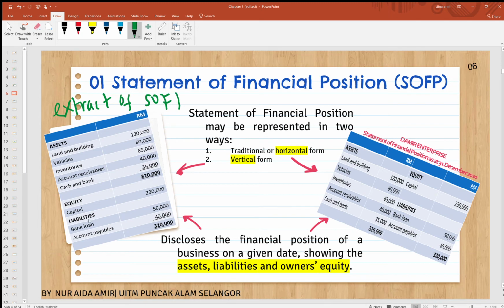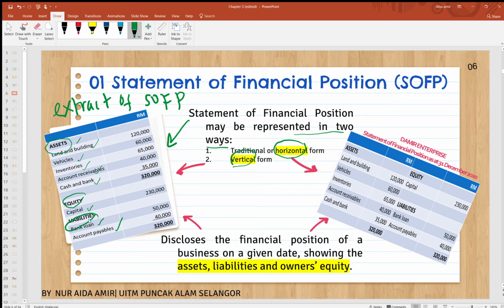I want to give you an idea of what the statement of financial position actually looks like. Look at this. There are assets, land and buildings, vehicles, inventories. This is the asset category. Equity has capital. In the liabilities category there is bank loan and account payable. Here it is written that financial position may be represented in two ways. The two ways are horizontal and vertical.